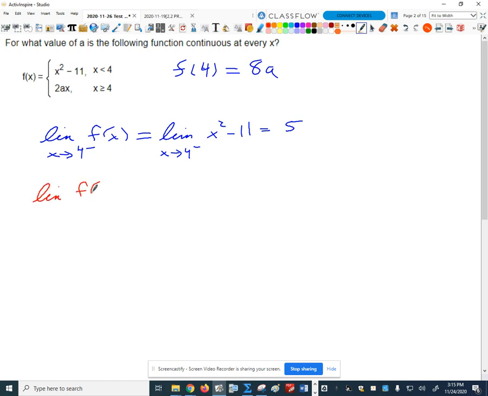The limit of f of x as x approaches 4 from the right is equal to the limit of 2ax as x approaches 4, which is 8a. And we need for these two things to be equal in order for the function to be continuous.